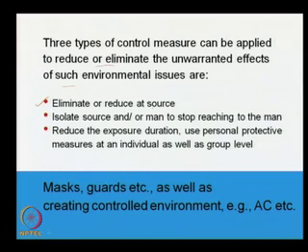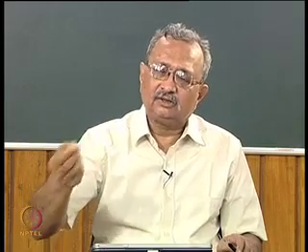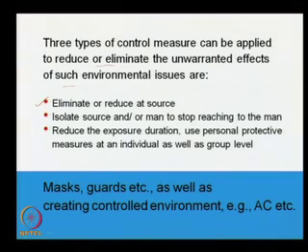If heat is a problem and I cannot work with it, for example, an incandescent lamp gives off heat, at the source I can change it to some other lamp that does not produce that much heat. So, we can say eliminate or reduce at the source.